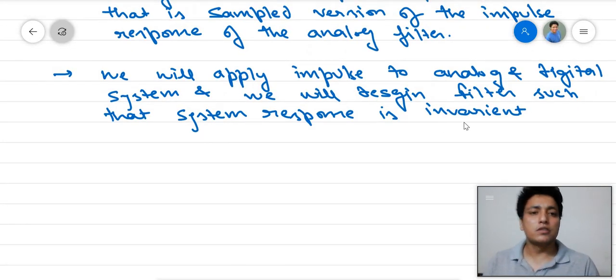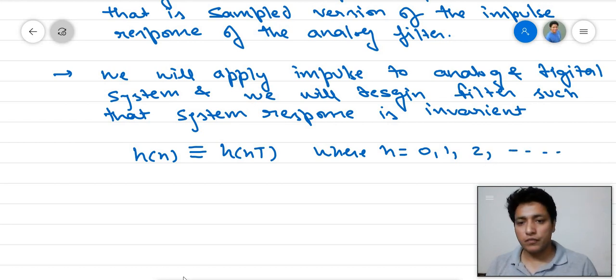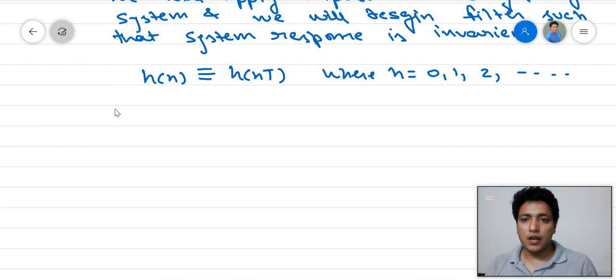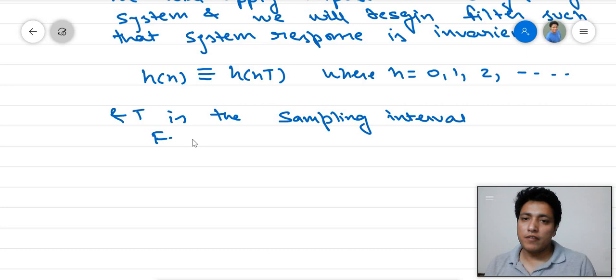That means it does not change whether we apply it to an analog system or to a digital system. So we can write h(n) is equivalent to h(nT), where n is equal to 0, 1, 2, and so on, and T is the sampling interval, and Fs is equal to 1 by T, which we already knew.